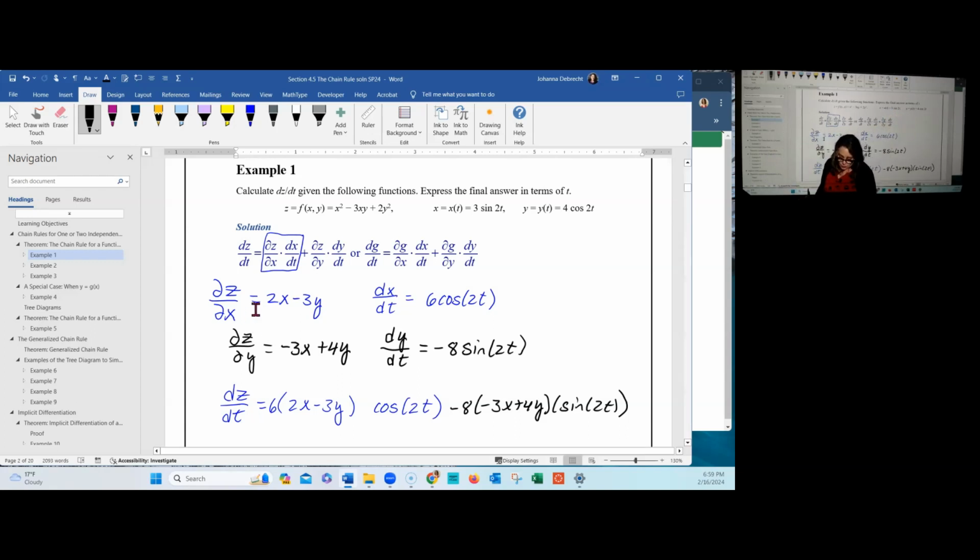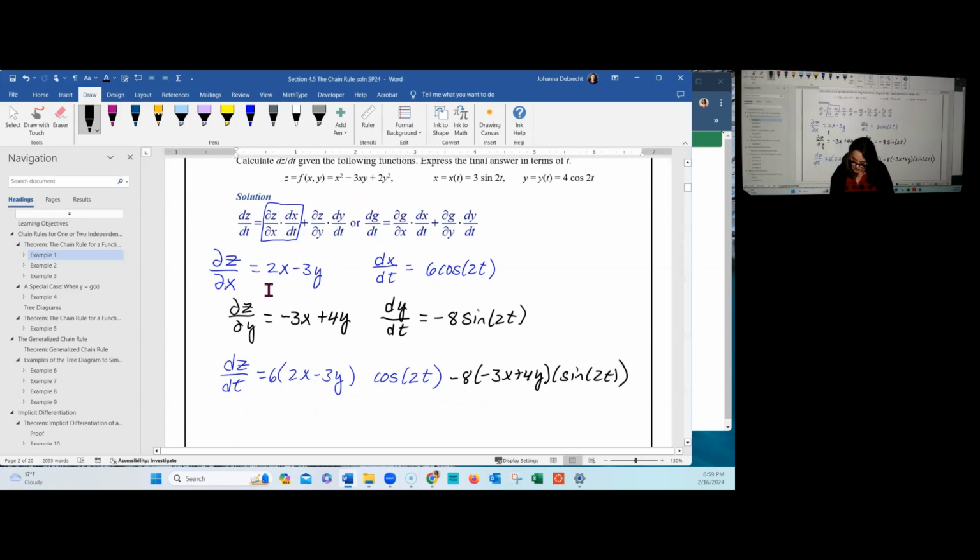We could rewrite this following that formula as 6 times, and then we would have 2 times x, which is 3 sine of 2t, which would give us 6 sine of 2t, minus 3 times y, which is 4 cosine of 2t, which would give us minus 12 cosine of 2t.